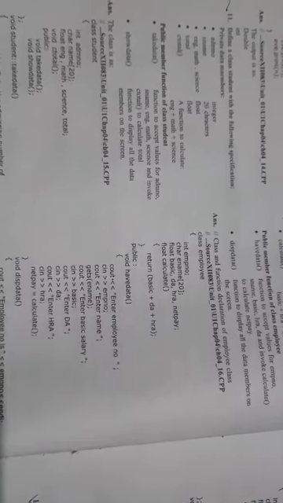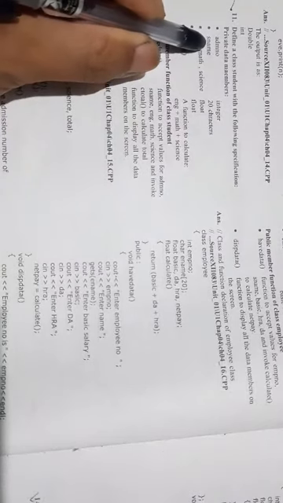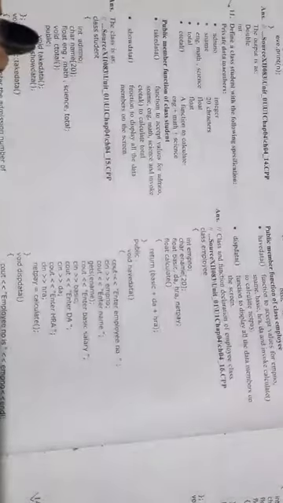Keep in mind how the variable name is written in the question; that same way you have to use it in the program. If it is written admno, you have to write it like that, and if it is written s name, you have to write s name only. Okay, so in this case, yes, there is an error.